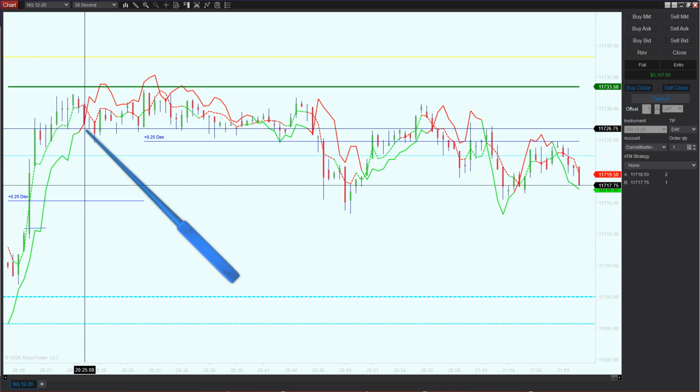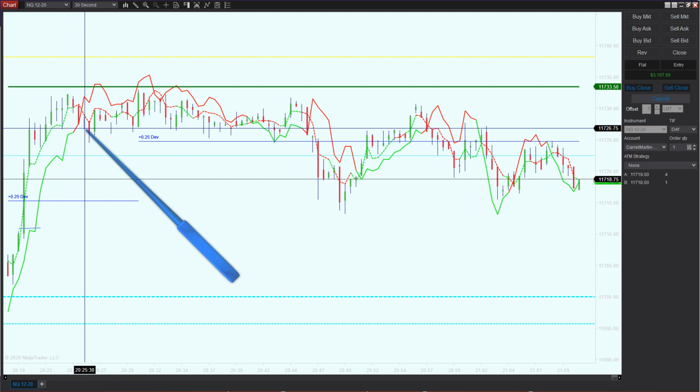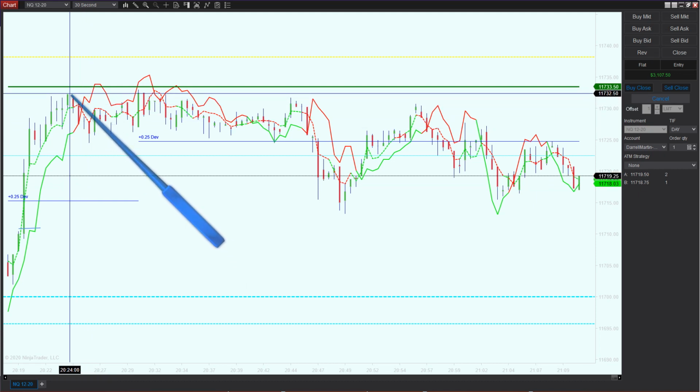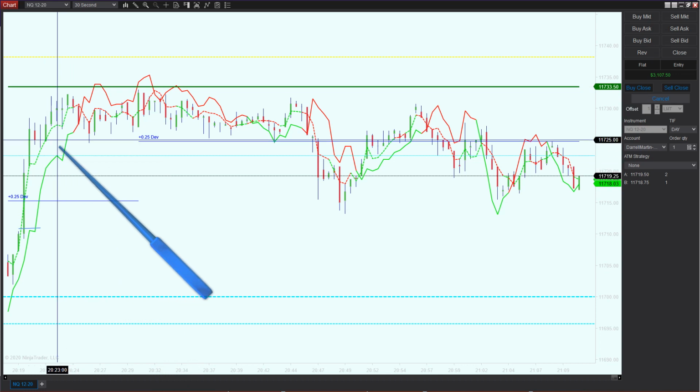So, what do you think would be a good target to get out a few ticks before, looking at this chart right now? Yeah, green ice. If it gets up close to green ice, you could take off your profit, right? Doesn't have to get right there. If it gets within like a point or so, you take it off, especially after you've made 10 plus points.